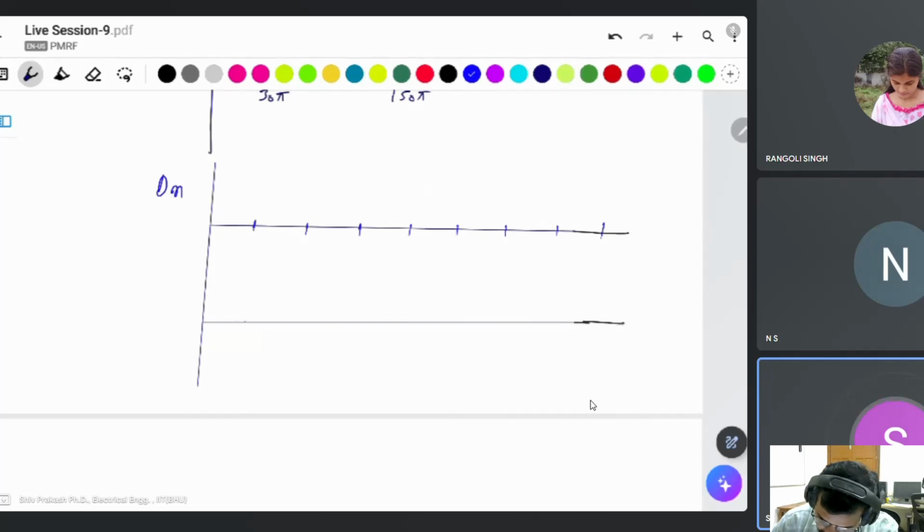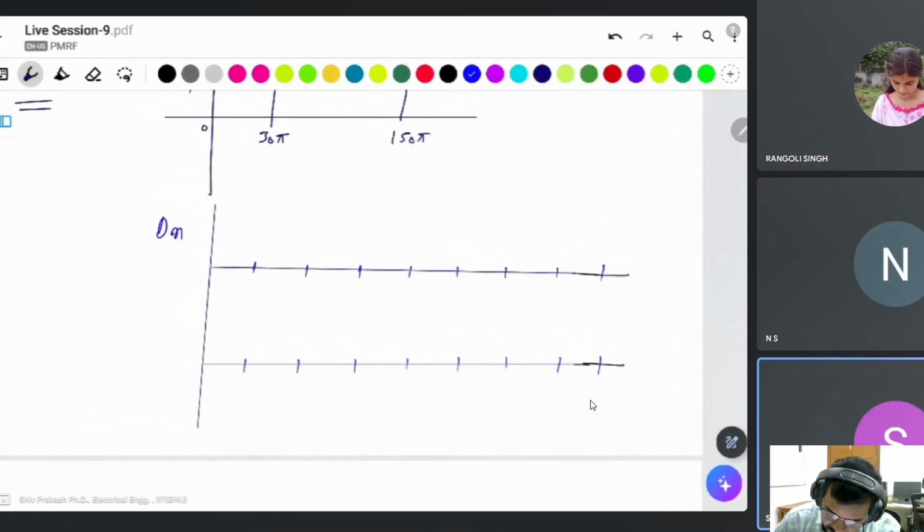Take 8 harmonics: 1, 2, 3, 4th harmonic, 5th, 6th, 7th, 8th.